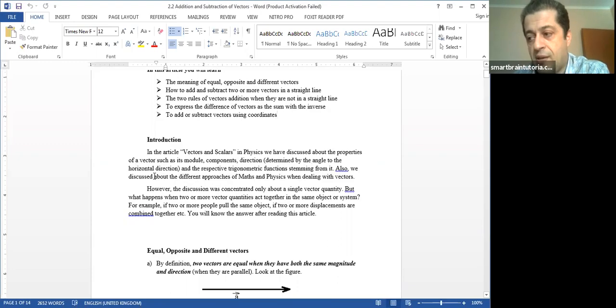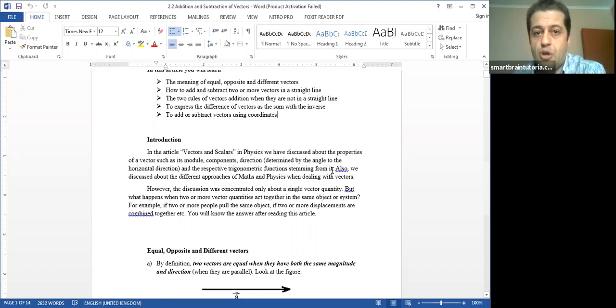So if we say a vector is 45 degrees to the horizontal direction, that means we are showing the direction of the vector. It is not only the line, but also the angle with the horizontal direction that is important, and the respective trigonometric functions stemming from it.